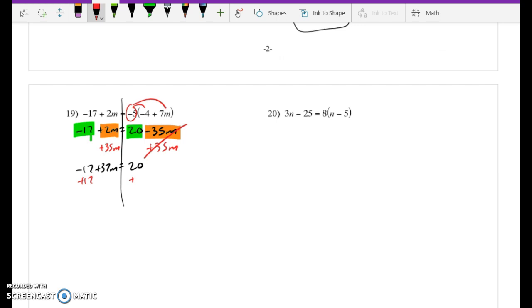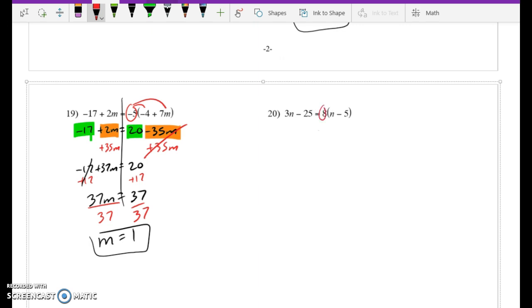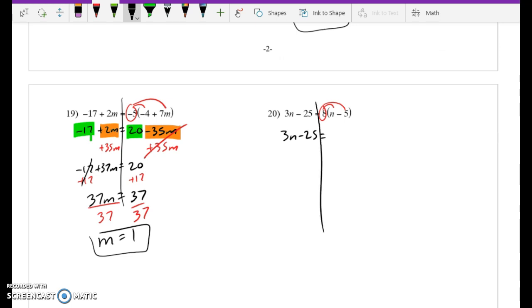Add 17. 37m equals 37. You divide to give you m equals 1. And lastly, distribute once again. 3n minus 25 equals 8n minus 40.